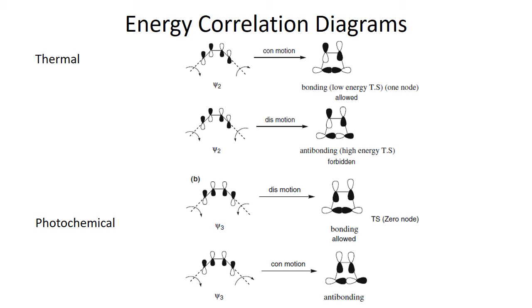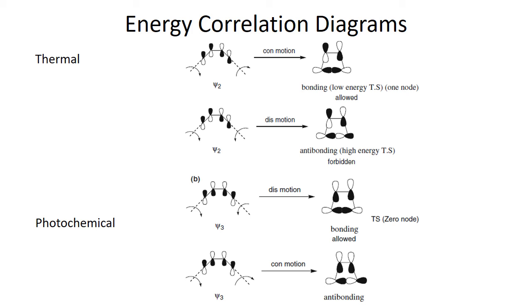So from psi 3 to this situation where zero nodes are present, we talked about this before: in the previous slide we checked that if we carry out symmetry operations, the third level was symmetric, and from symmetric to symmetric the transition was allowed. So in the photochemical electrocyclization of butadiene, disrotatory motion is allowed.